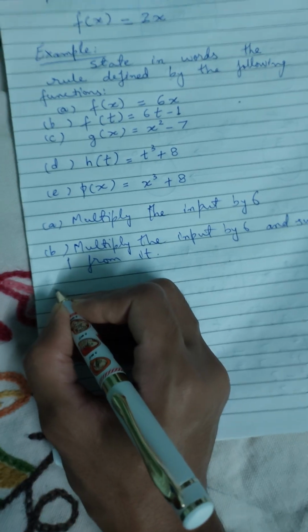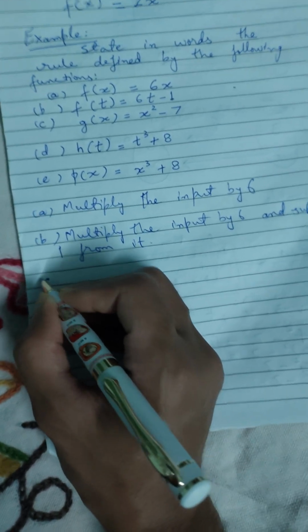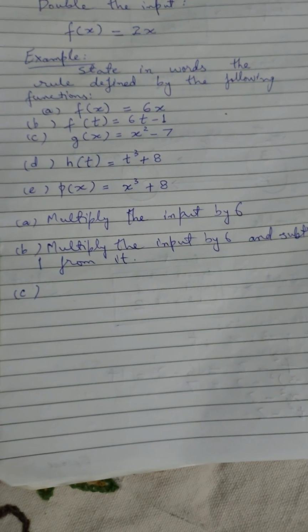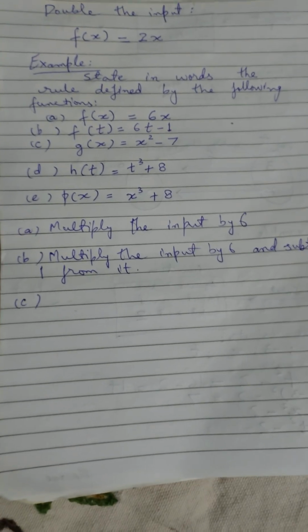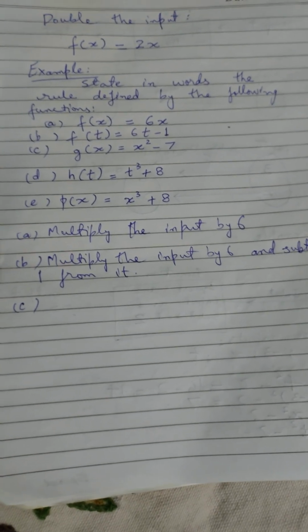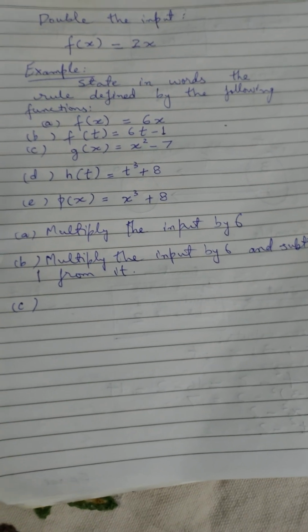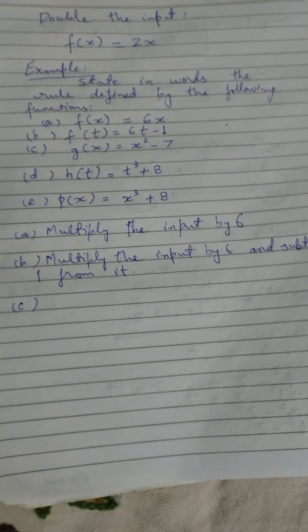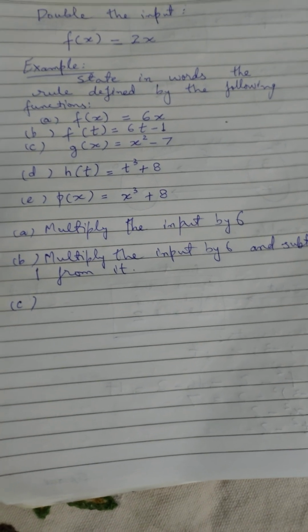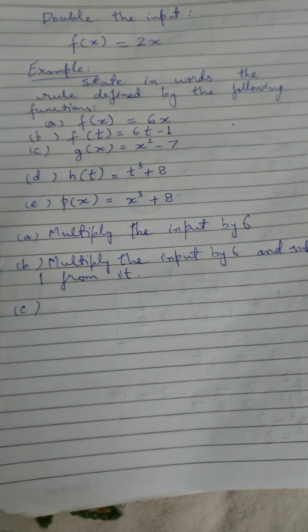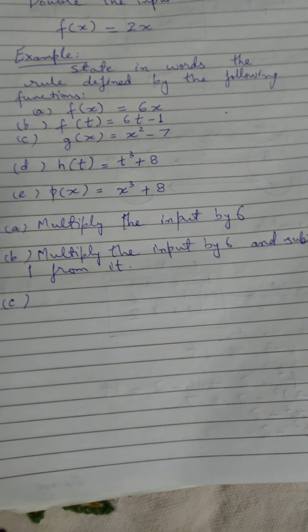And the third one, look, the function is named g. You can name the function by any letter. And for g, the input is x, so what's the output? It's square the input and subtract 7 from that.